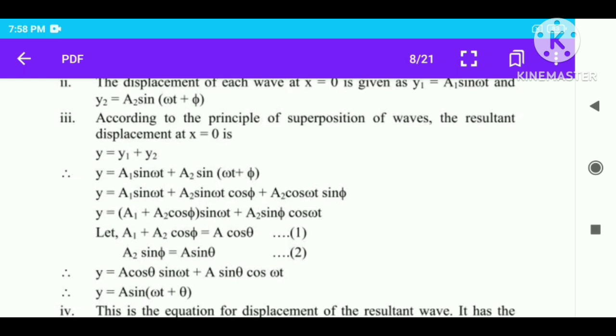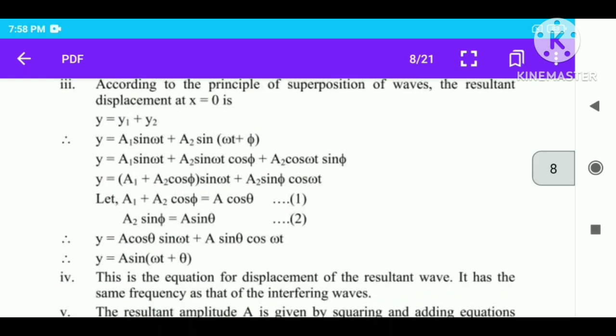Therefore, y is equal to a1 sin omega t plus a2 sin into bracket omega t plus phi. Y is equal to a1 sin omega t plus a2 sin omega t cos phi plus a2 cos omega t sin phi. Y is equal to into bracket a1 plus a2 cos phi sin omega t plus a2 sin phi cos omega t.